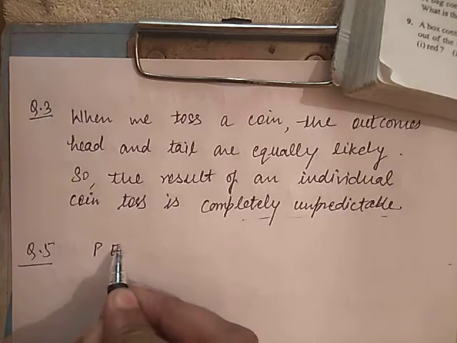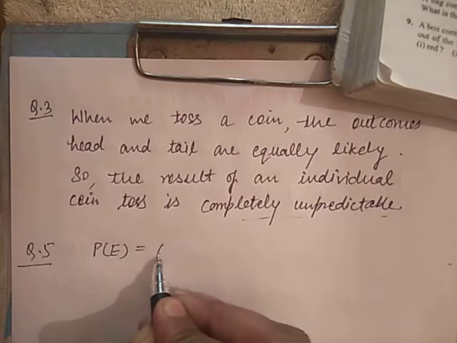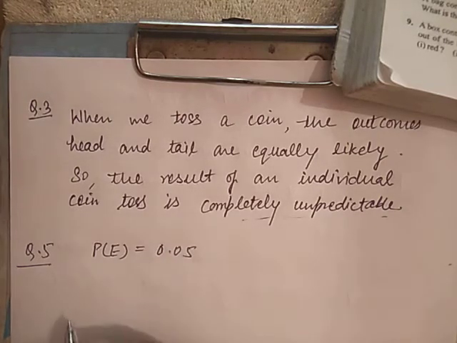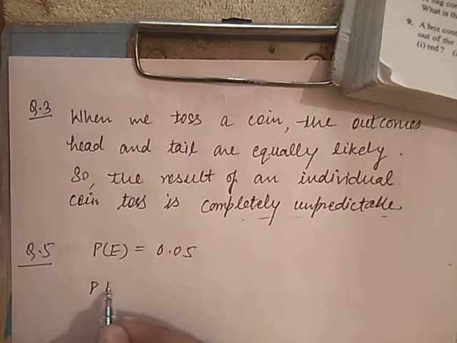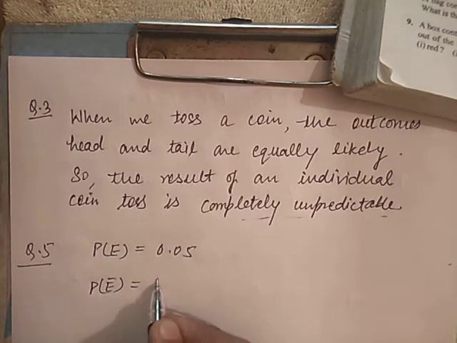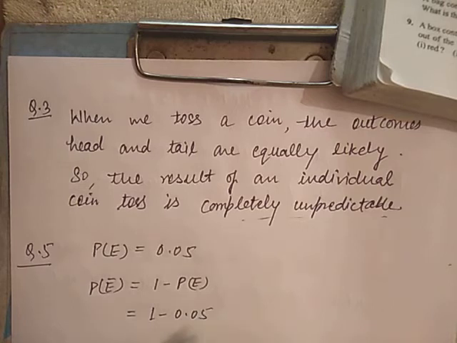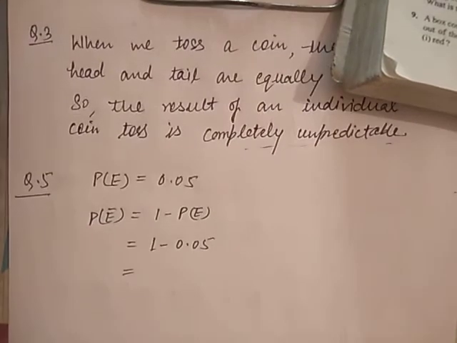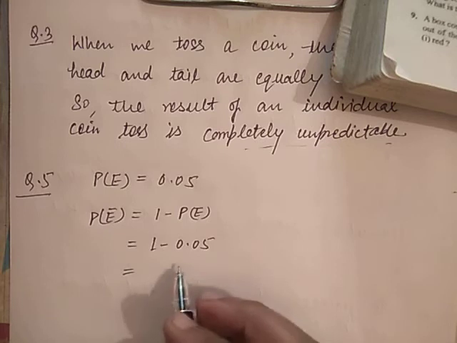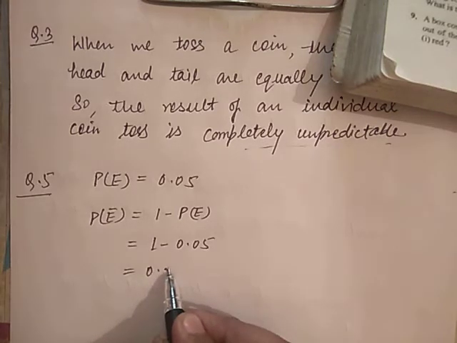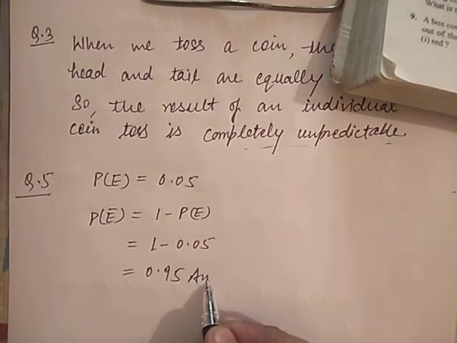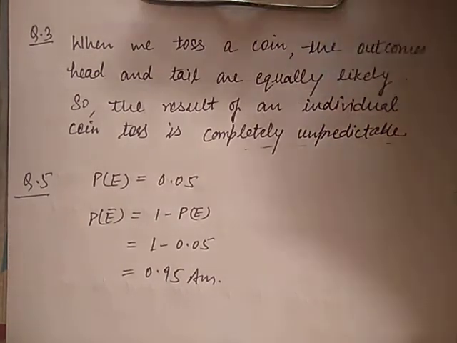Probability of A is given 0.05, and we know that probability of not A is equal to 1 minus probability of A. So we can easily find 1 minus 0.05, and we have to subtract, okay, and on subtracting we will get 0.95 answer, okay. This is the probability of not A. Similarly, we have many questions like that.